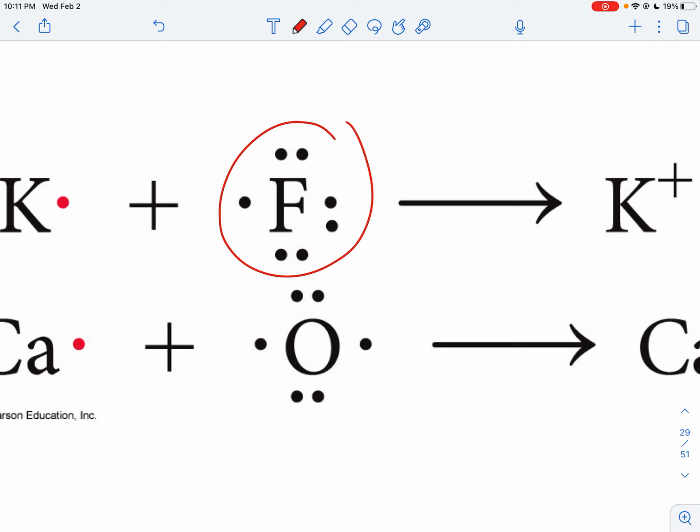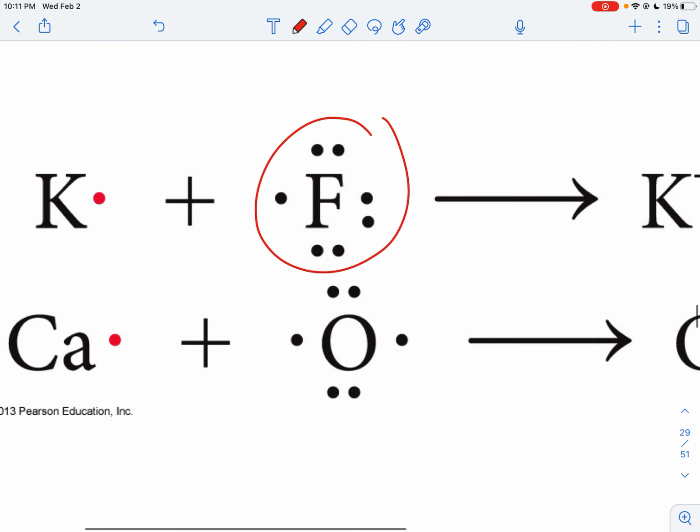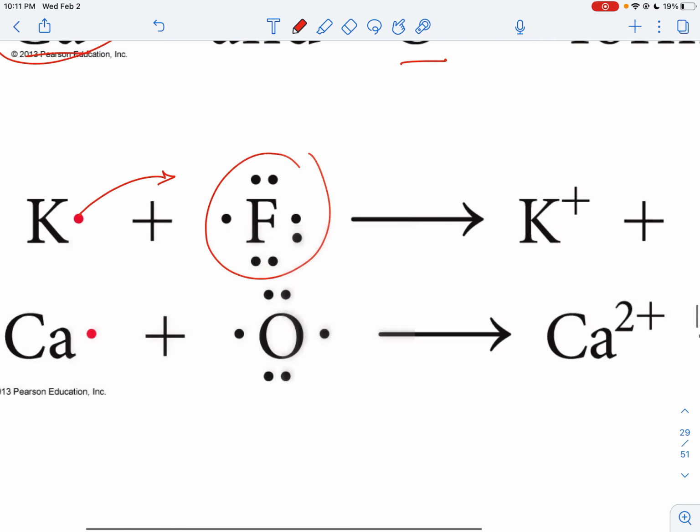And so fluorine would really like to get one more electron if somebody would donate an electron. And potassium has one valence electron that it would really like to get rid of. So that's perfect, right, for both of them. Potassium wants to get rid of this valence electron, and fluorine is so happy to get it. So when that transaction happens, that's where you get the ionic bond from.